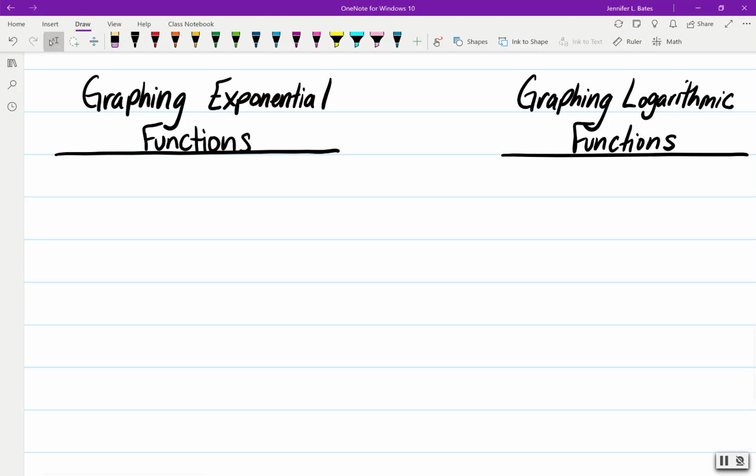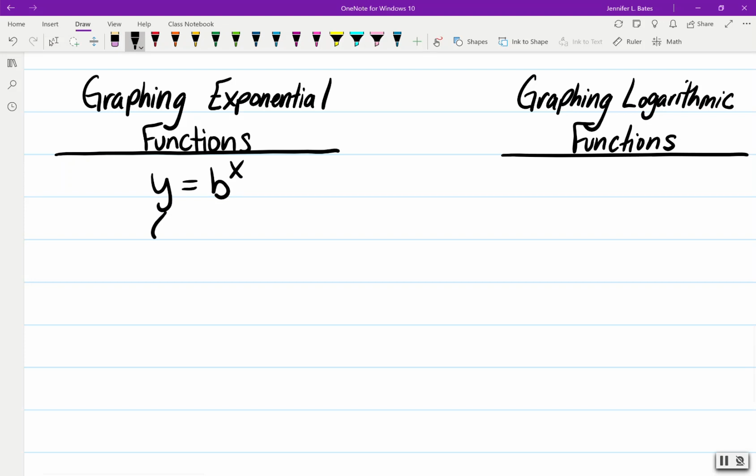Okay, so I'm going to show you how I logic my way to the information I need. And I do this every time I'm working on an assignment, a quiz, a test. I just write this at the top and I logic through it. That way I really only have to remember it once and I can refer back to it. So I know that an exponential function looks like this. Y is equal to b to the x.